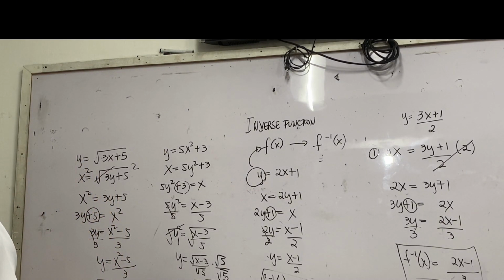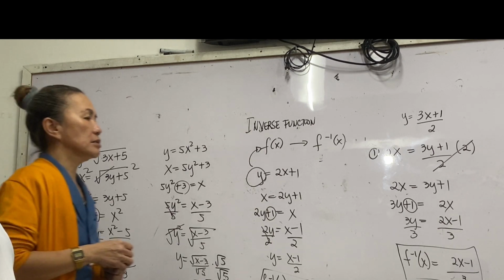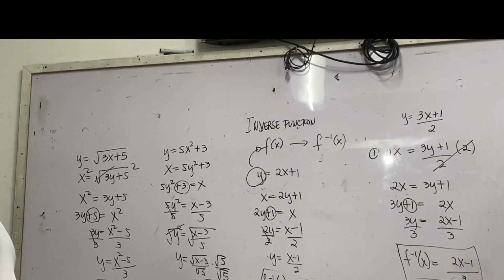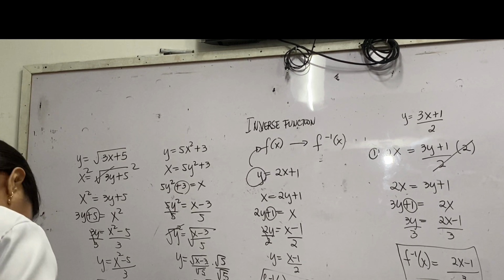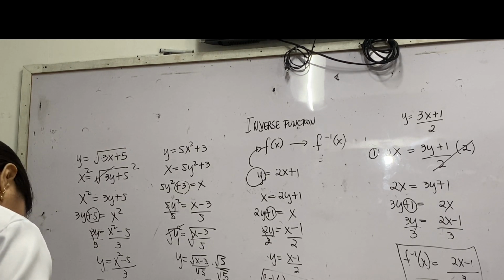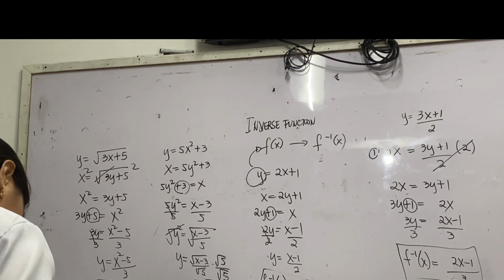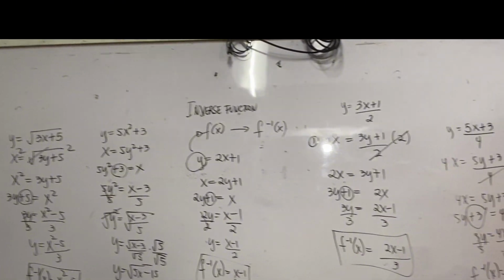Nasusundan po ba? Okay, next. Ganyan po yung sa inverse function, we just follow the rule. Unang-unang rule, interchange y to x and x to y and then solve for y. Yung magiging final answer, yun po yung kanyang inverse function.